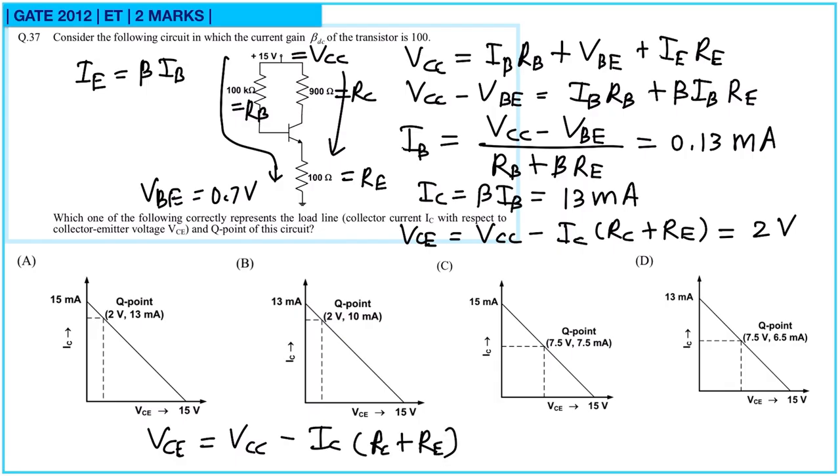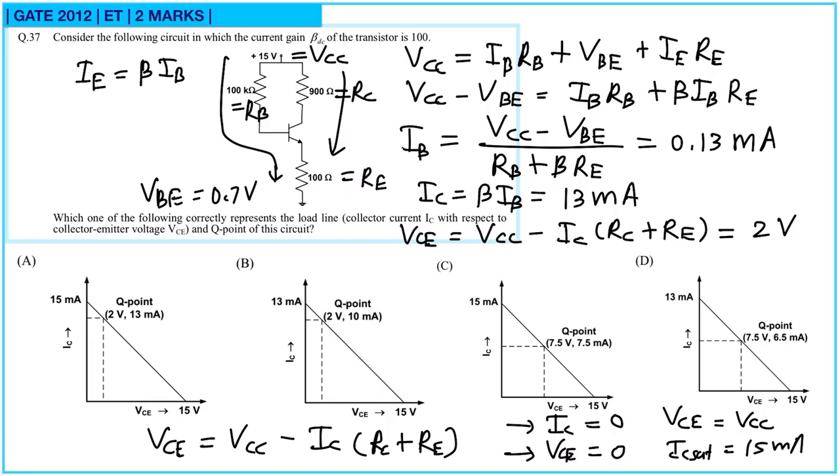First put IC is equal to 0. That gives you VCE is equal to VCC. And next put VCE is equal to 0. That will give you IC saturation. And that IC saturation is equal to 15 milliampere. Just put VCE is equal to 0, then IC is equal to VCC by RC plus RE. That comes out to be 15 milliampere.